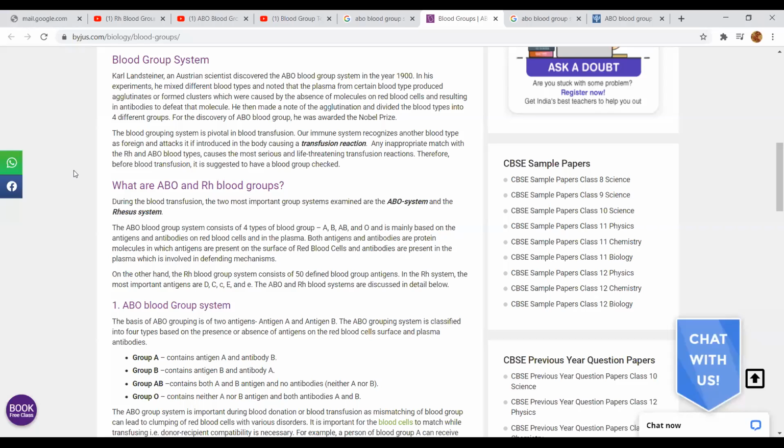Now, our immune system recognizes another blood type as foreign. If I have B positive blood, the blood that has to be transfused into me has to be B positive. If some other blood group is transfused into me, it will be considered foreign blood.